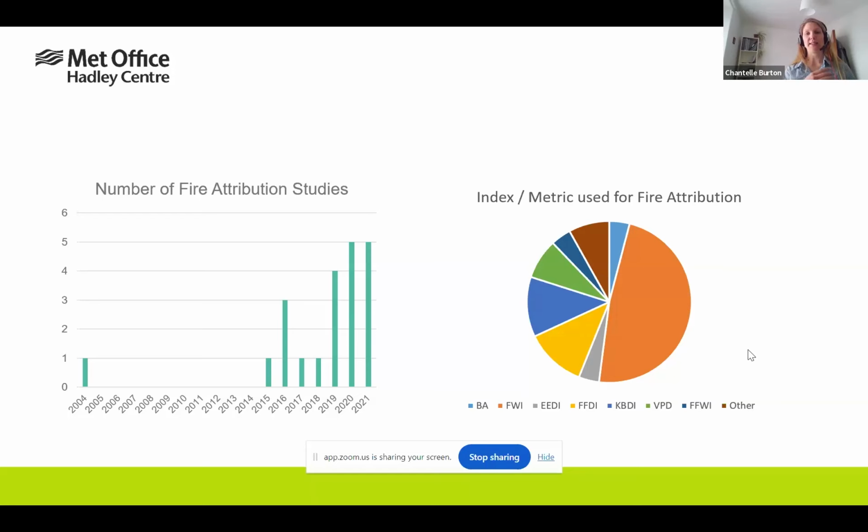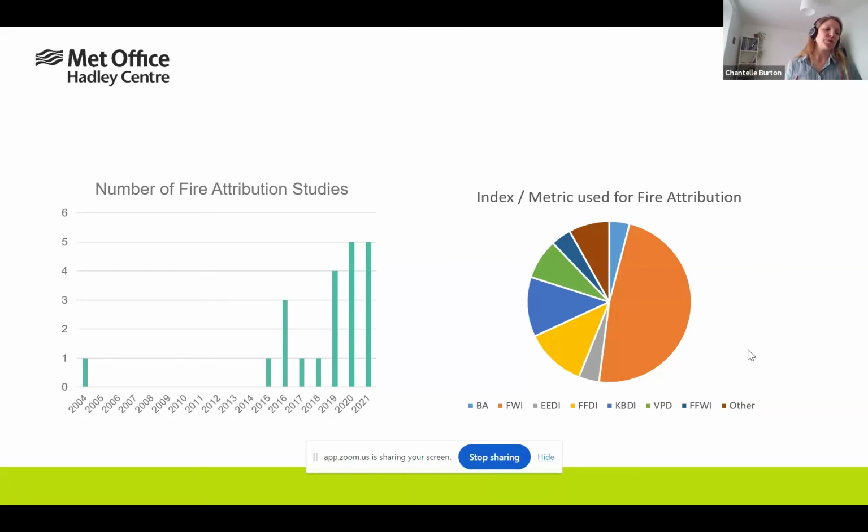We're getting more attribution studies focusing on fire, but really it's quite a new field that's developing over time. So people are starting to branch out from the original attribution studies that just focused on heat waves, for example, and trying to look more broadly across a range of impacts, including fire.